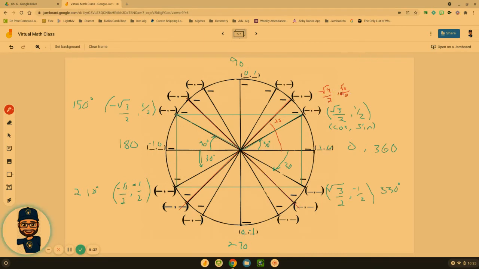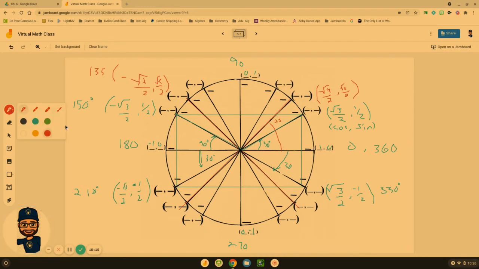They're all going to have this same type of coordinate pair, but I just need to know square root 2 over 2, comma, square root 2 over 2. I just need to remember which one's positive and negative. Well, the x value is negative, the y value is positive in this one. A multiple of 45, right? If I keep going, 45, 45 is 90, 45 more is 135, and then I can keep that pattern going for all of the other two.